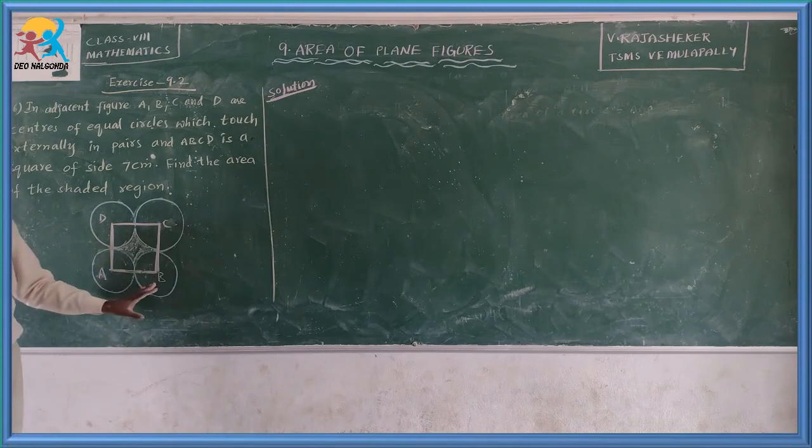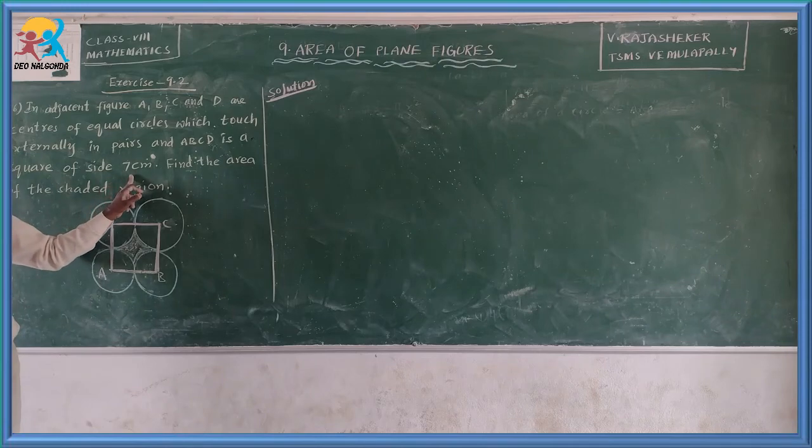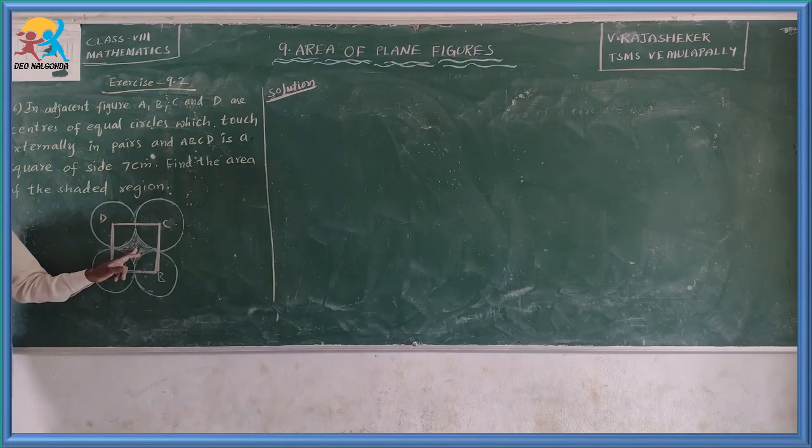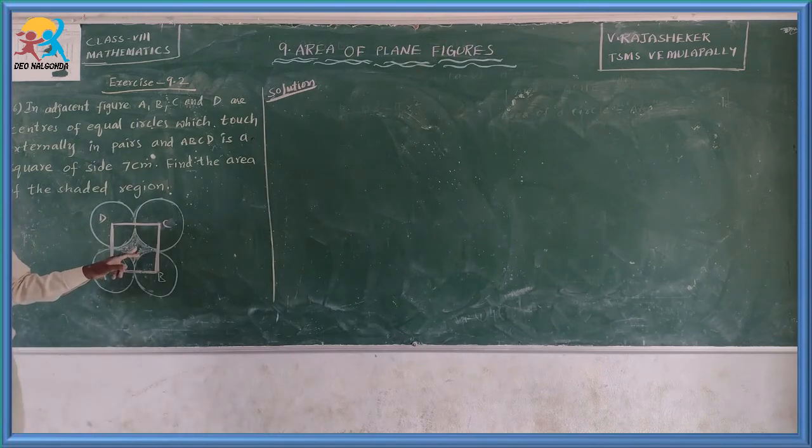In this picture we got a square, and the side of the square is 7 centimeters. Now find the area of the shaded region.